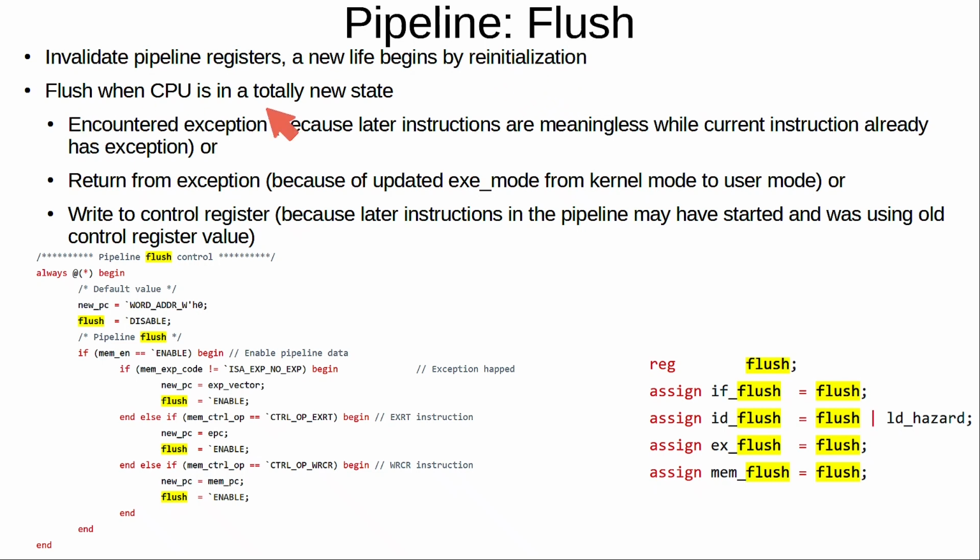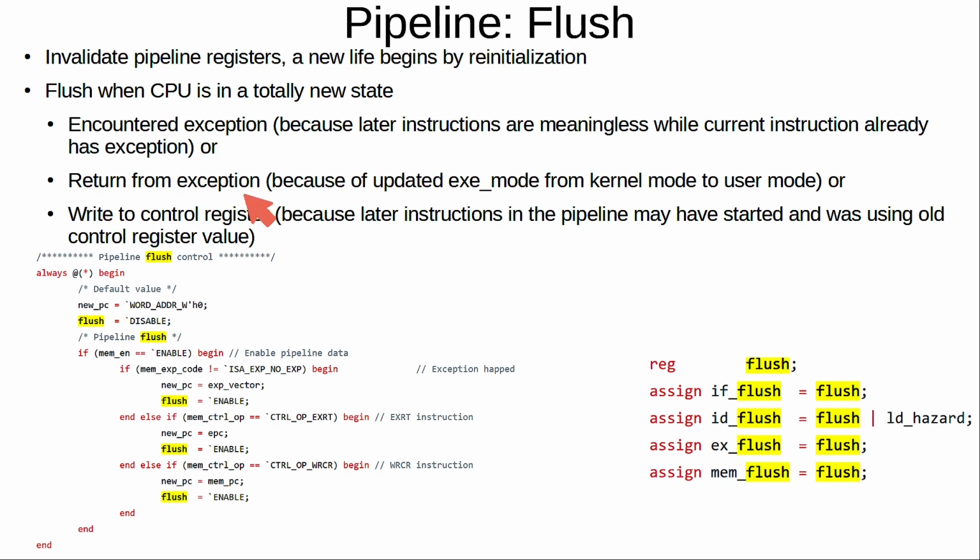Basically, flushing is needed whenever the CPU is in a totally new state. In the case of encountering an exception, we need to flush out the pipeline because all of the later instructions are now useless, while our current instruction has already encountered exception.